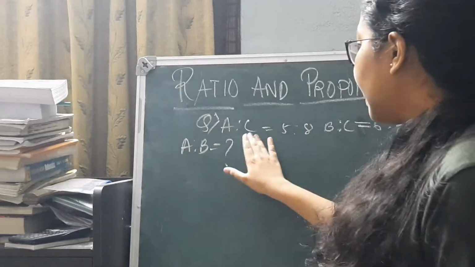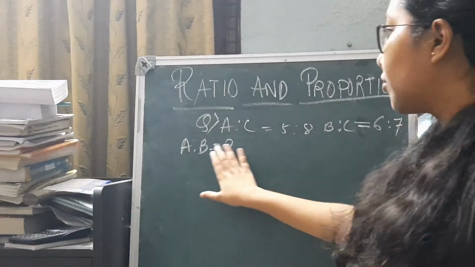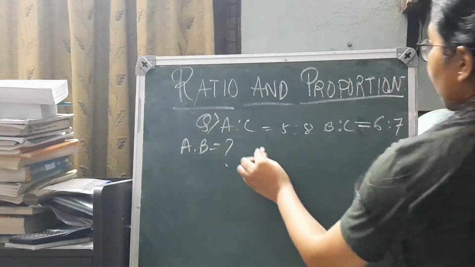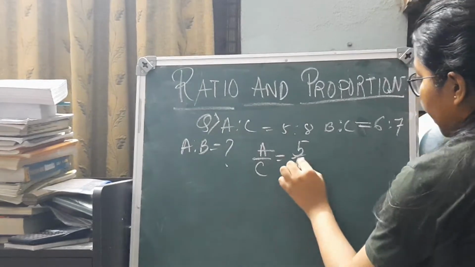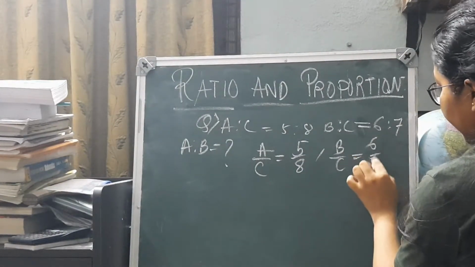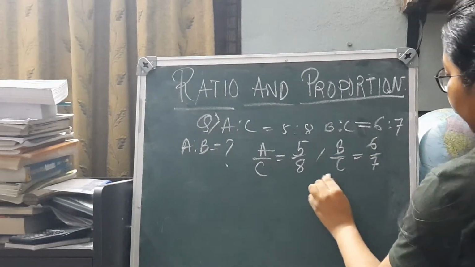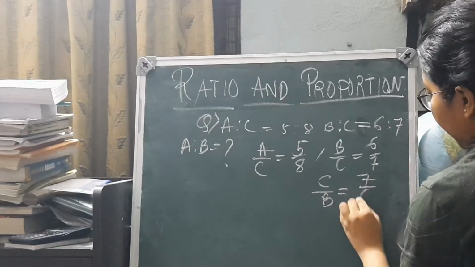It has been given that A is to C is 5 is to 8, B is to C is 6 is to 7, then what is A is to B? If we consider A by C, that is 5 by 8, and B by C is 6 by 7, and take the reciprocal of the second part, we get C by B is 7 by 6.